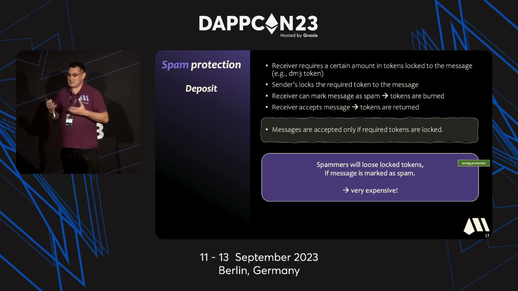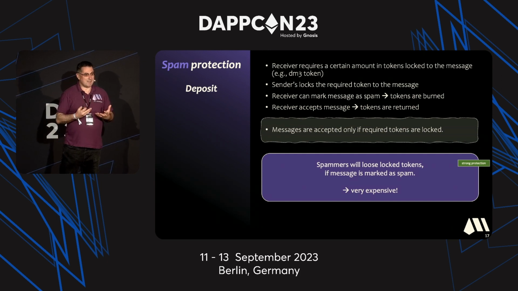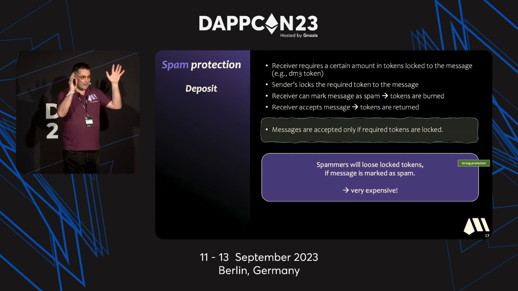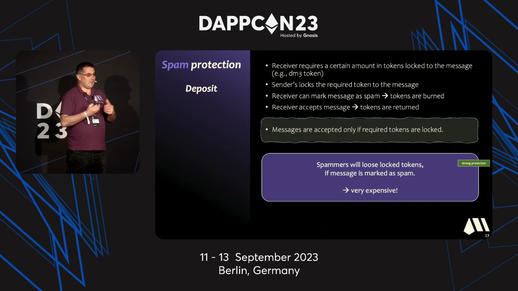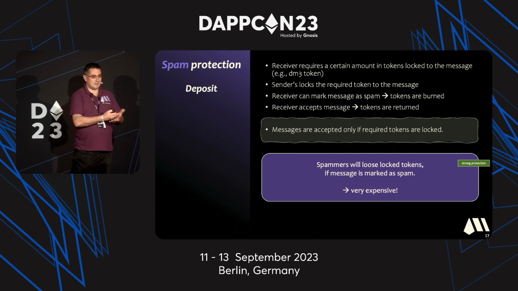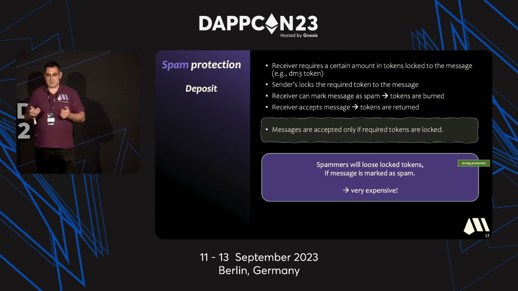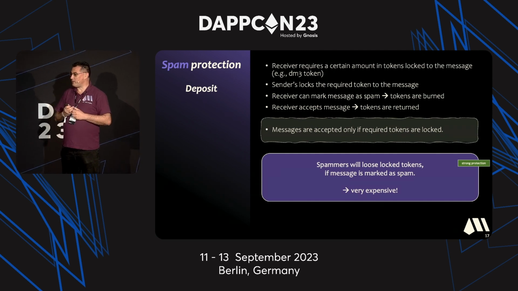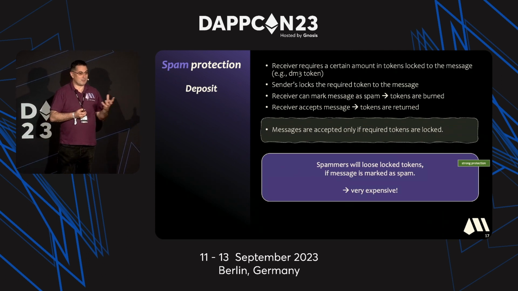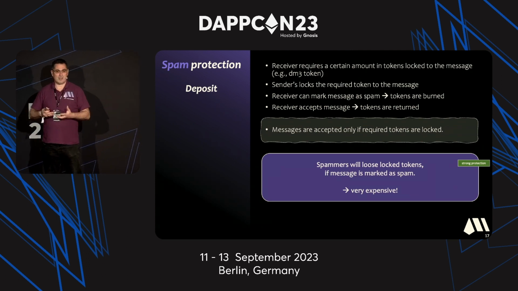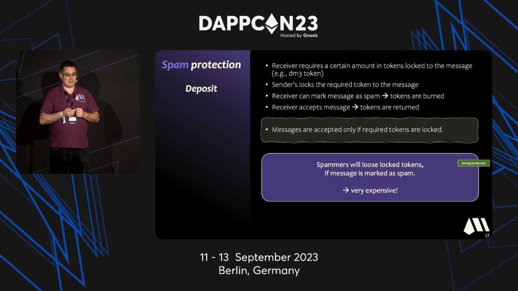So it is very expensive for spammers. If I say I only accept messages with tokens in the value of, let's say, 10 euro, then someone can send a message to me, and if I mark this message as spam, these tokens are burned. If I accept this message as a regular message, then they receive the tokens back. So they don't have any costs on both sides, but for spammers it becomes really, really expensive, because if they send messages which are marked as spam, all this money is burned.